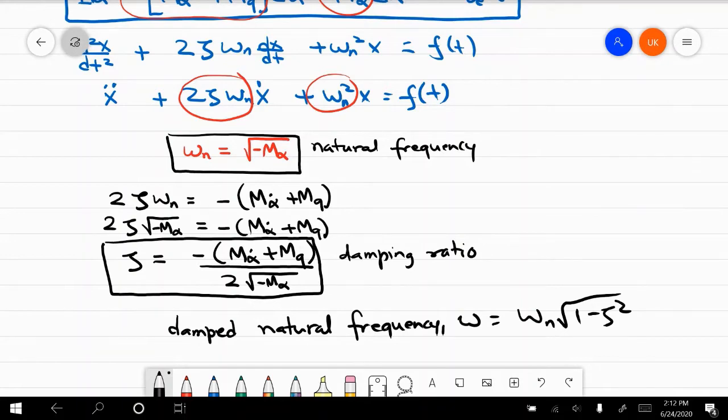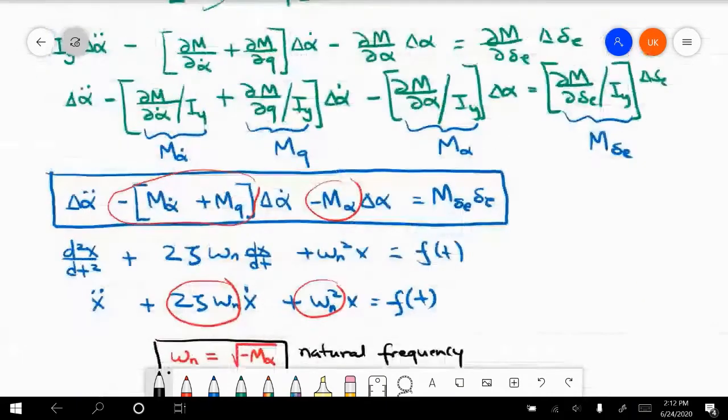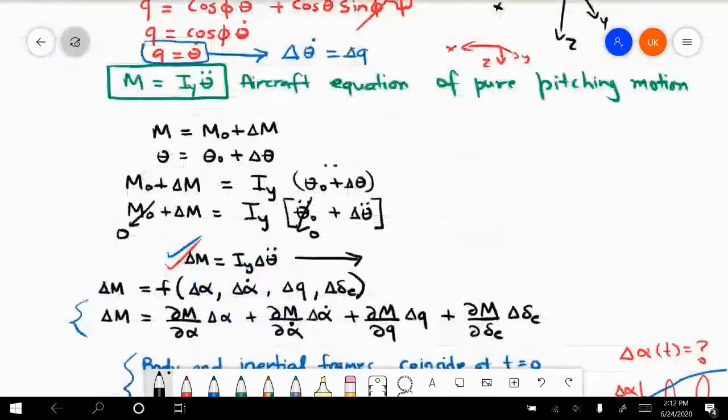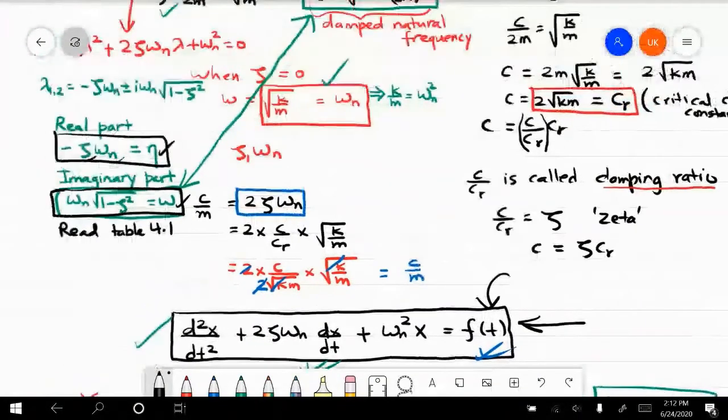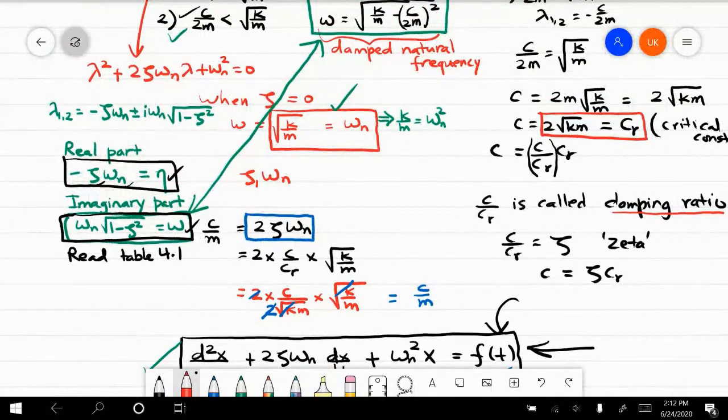Since we have omega n and zeta, we can find the lambda now. We can find the real part of lambda. Again, go back to the equation and remind yourself of what this lambda was and why it was important. See, this was the lambda, right?